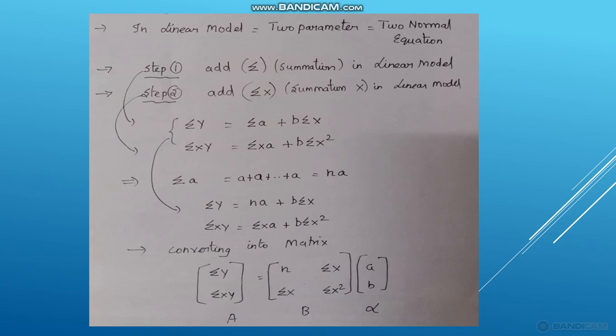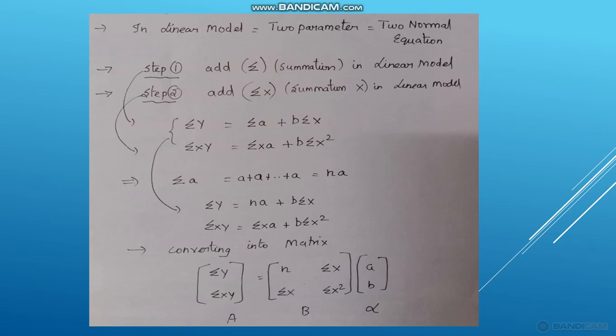In step 1 we want to add summation in the model. The first equation is summation of y is equal to summation of a plus b into summation of x.